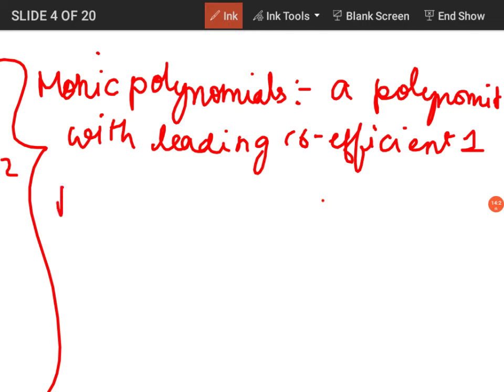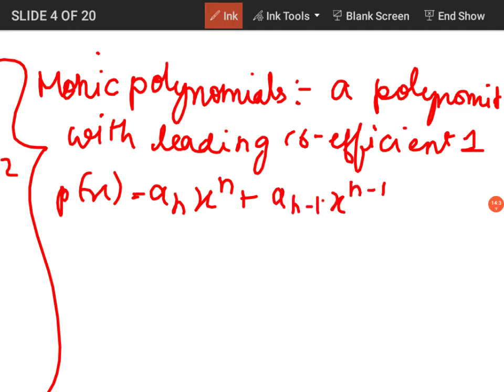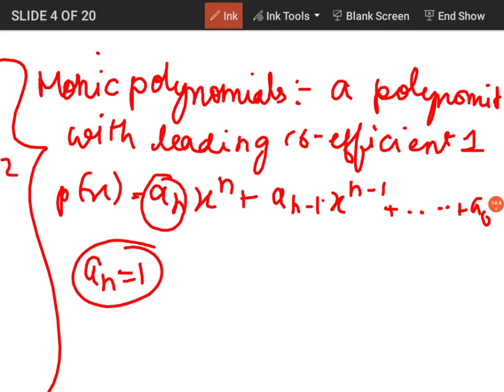Like in the general form that we saw, here p(x) will be a monic polynomial if a_n is equal to 1. If this condition is true, then only p(x) is a monic polynomial.